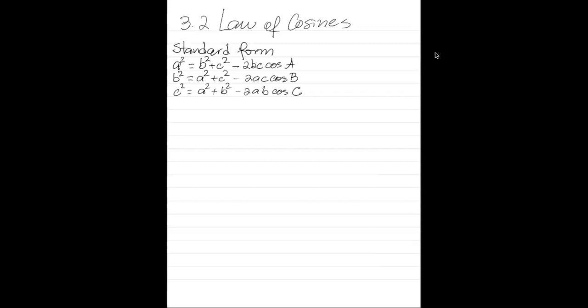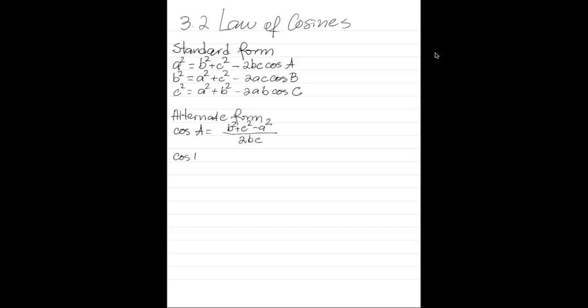If you solve for cosine of the angle, then you have the alternate form, which you don't have to remember if you know the standard form. You can always solve for cosine of the angle. So cosine of angle A, if you solve for it, will be b squared plus c squared minus a squared over 2bc.